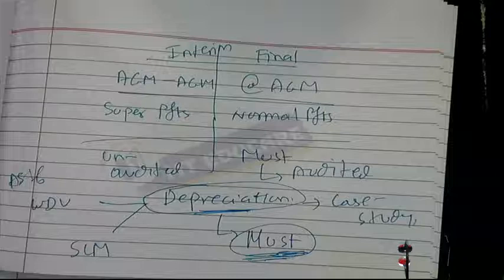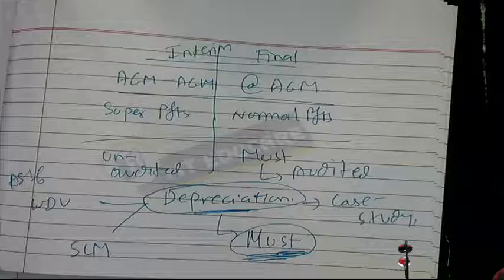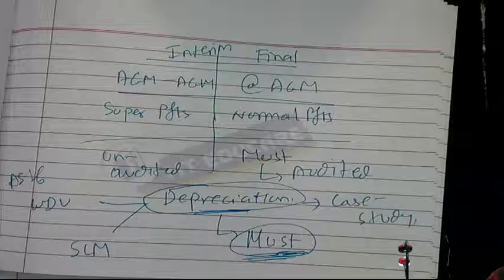The profit and loss account is generally unaudited when an interim dividend is paid. That's right.